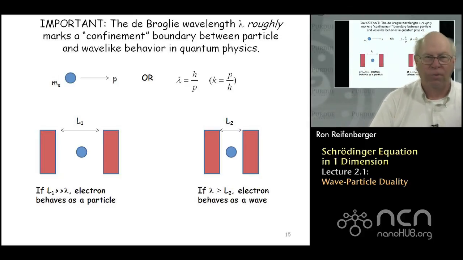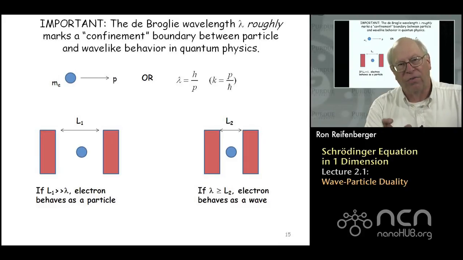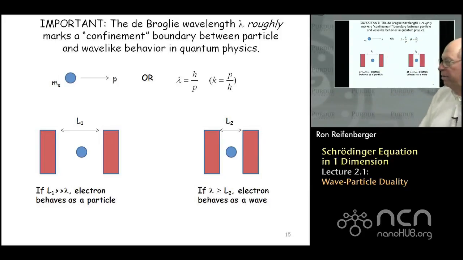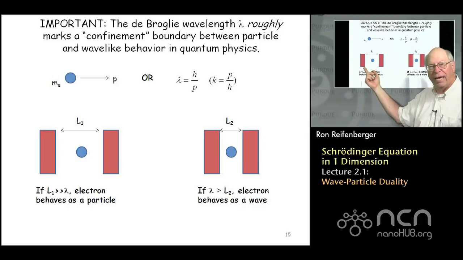So this idea that de Broglie put forward is an important idea because it gives you a sense of when electrons behave as waves and when they behave as particles. I tried to summarize that sense in this slide where I say if the electron, which has a mass m, is confined in a region of space with a characteristic dimension L1, and if L1 is considerably larger than the de Broglie wavelength lambda of that electron, then that electron is going to behave as a particle.